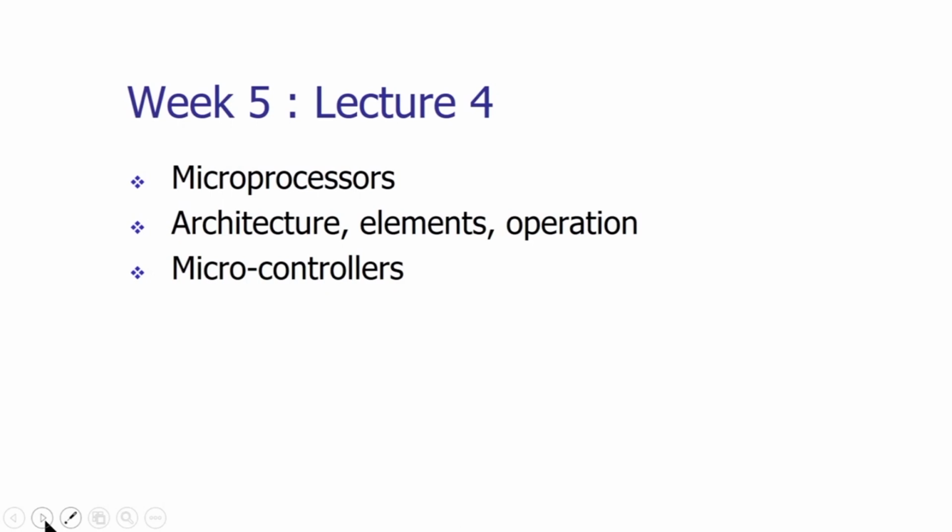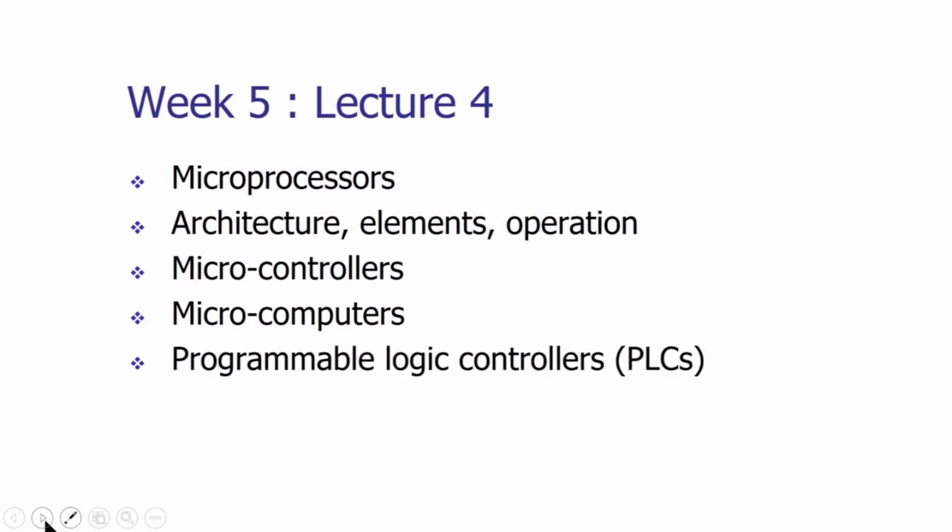Then we will study the meaning of a microcontroller, how the microcontroller is different from the microprocessor, what is the meaning of a microcomputer, and at the end we will see the PLCs, that is programmable logic controllers, which are often used in the automation industry.